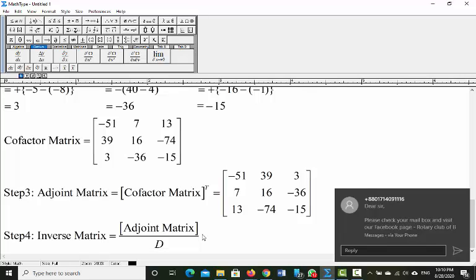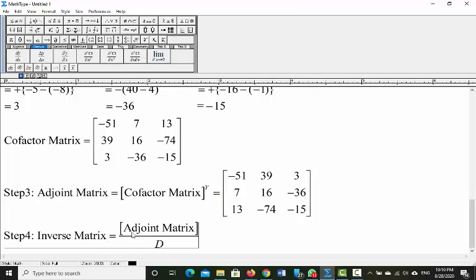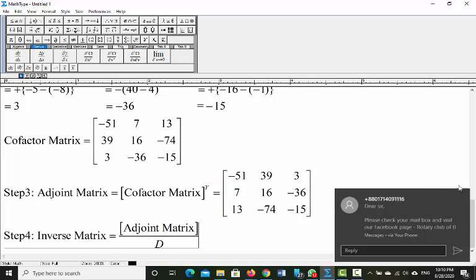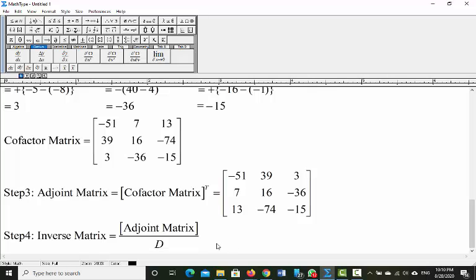So inverse matrix is equal to adjoint matrix divided by D, right?